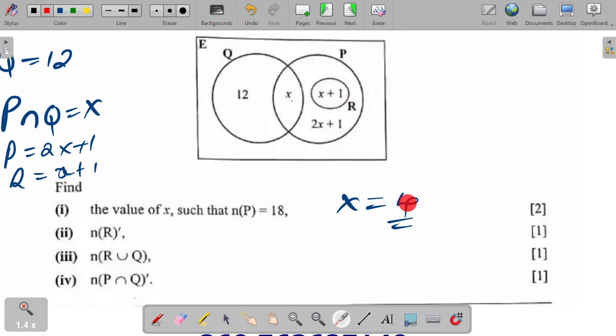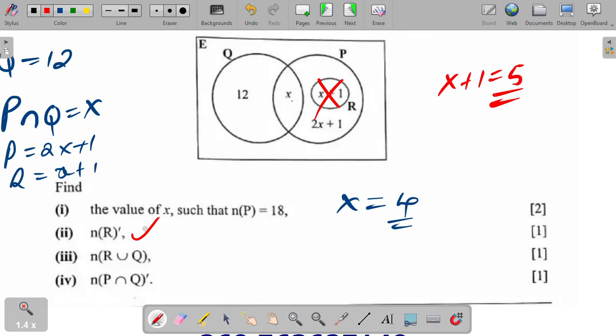So that x is 4 already, so we can say x plus 1 is equal to 5. So we don't include this 5. We don't count these elements. This is what the question is asking. You just add other elements except R.